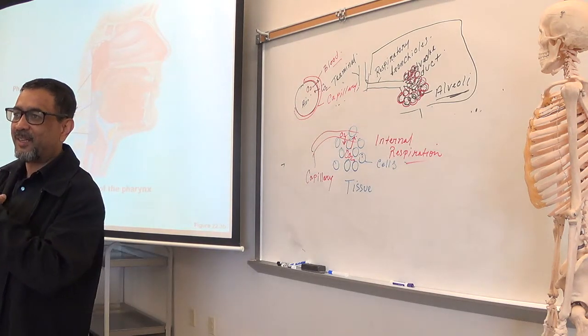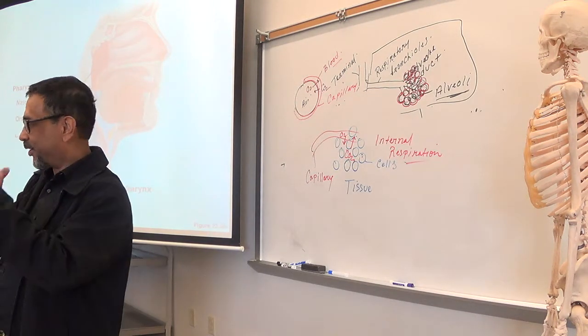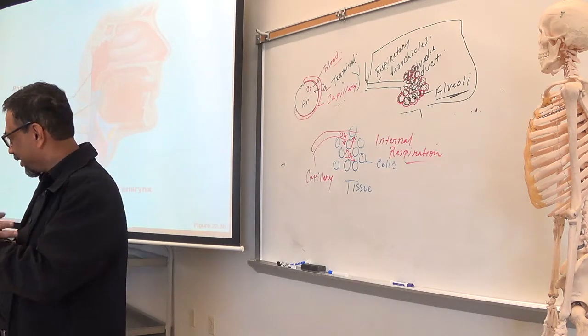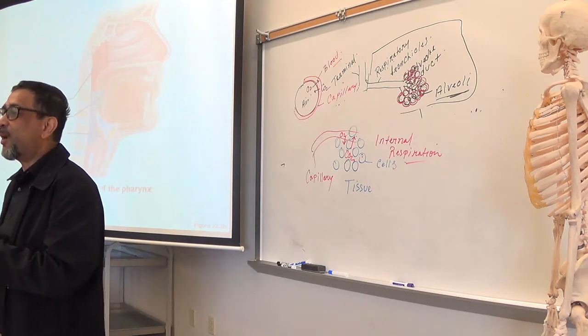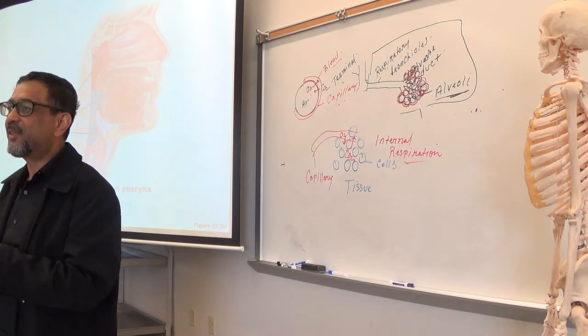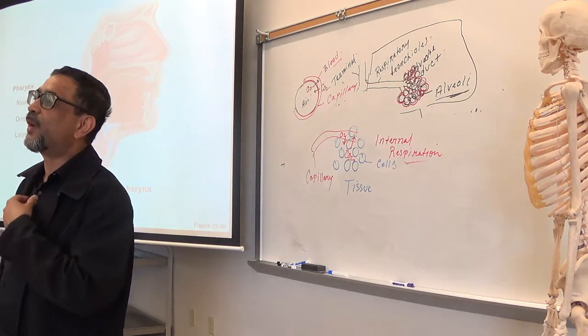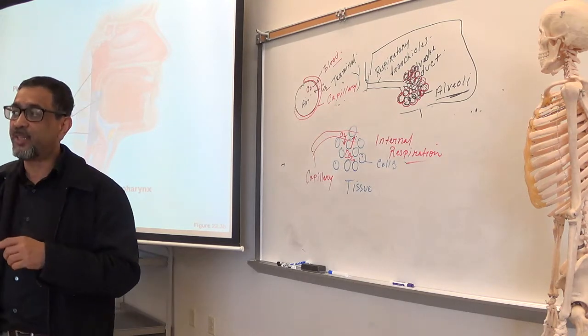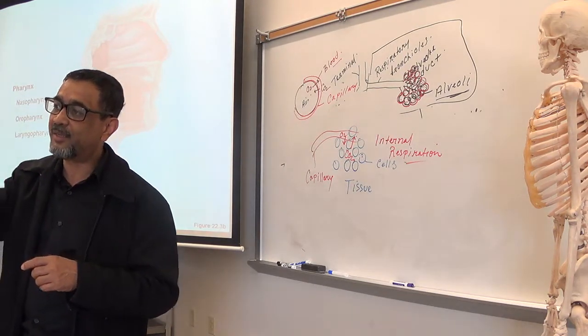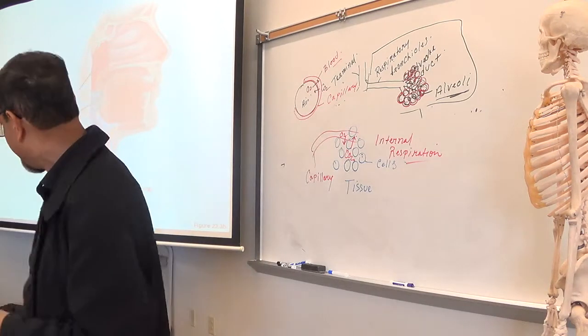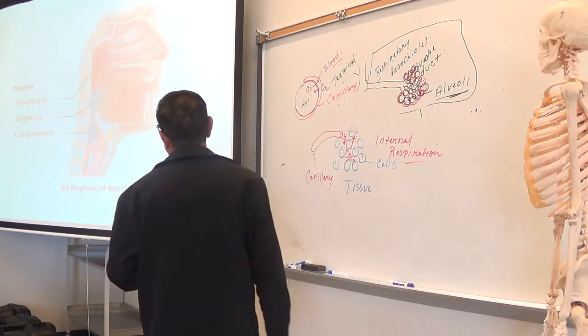Stratified squamous. Make sense? So those two parts, oro and laryngo, are not pseudostratified columnar, they have stratified squamous epithelial lining.